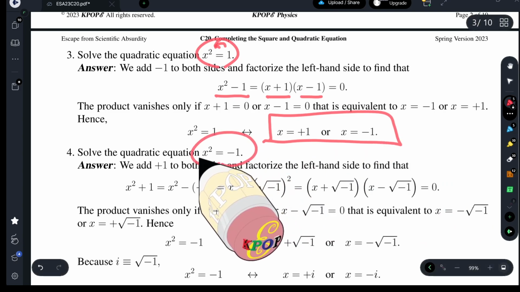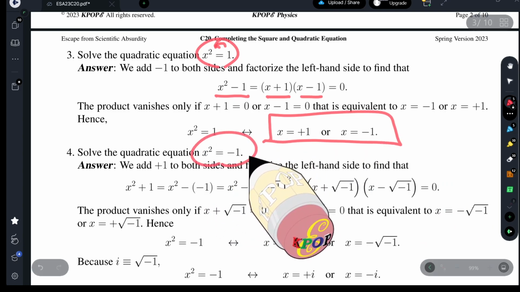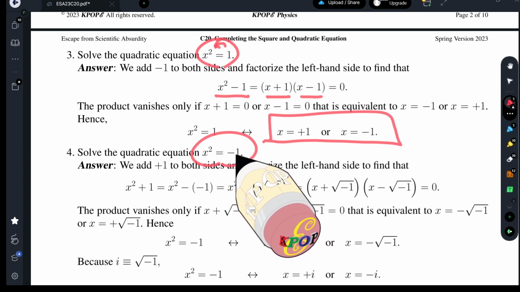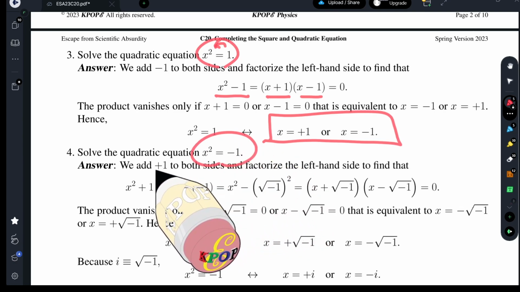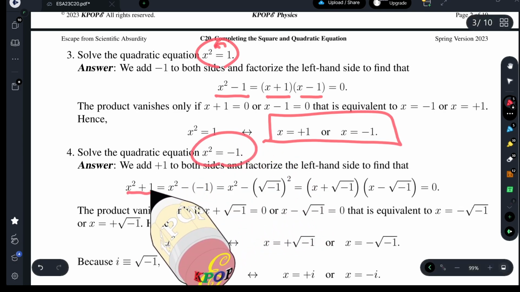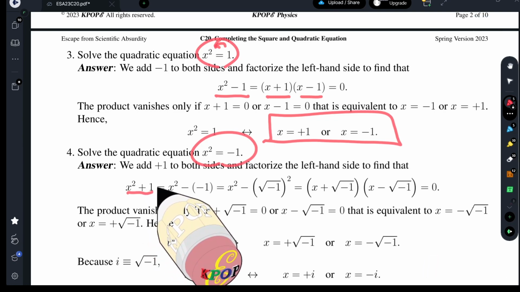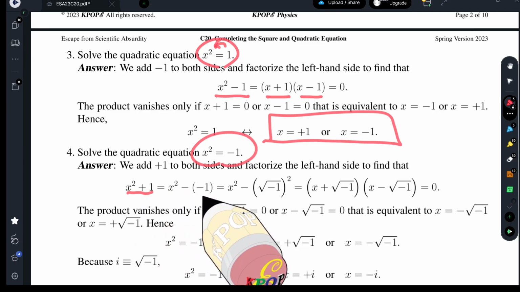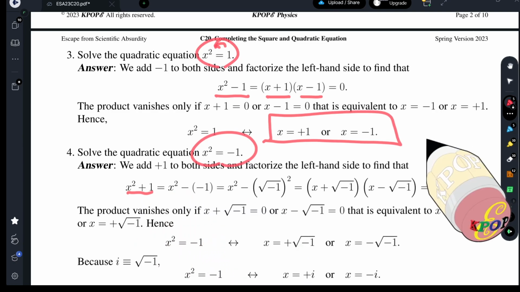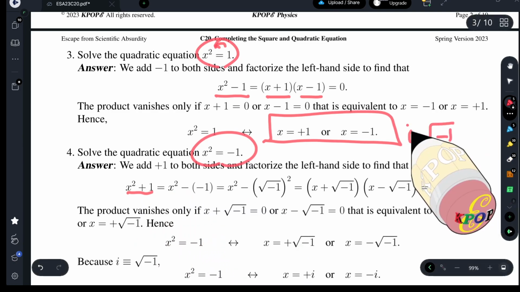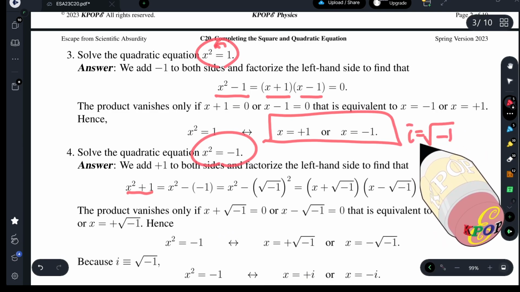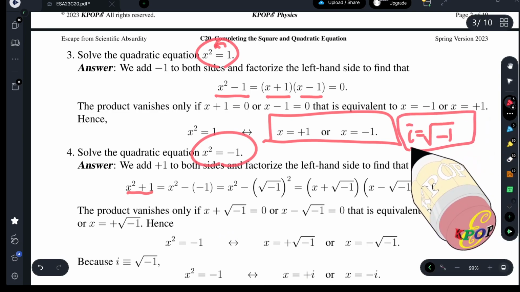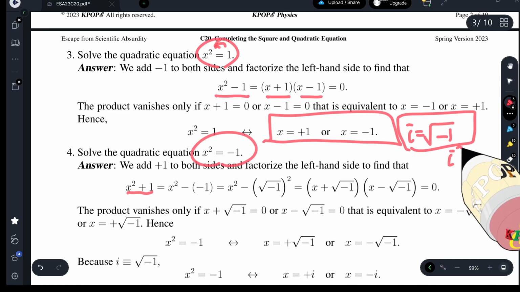Another problem, x squared equals minus 1, can be solved by moving this minus 1 to the left-hand side. We can now factorize this by rewriting this plus 1 as minus minus 1. Because i is a pure imaginary number that satisfies i equals the square root of minus 1, i squared is minus 1.